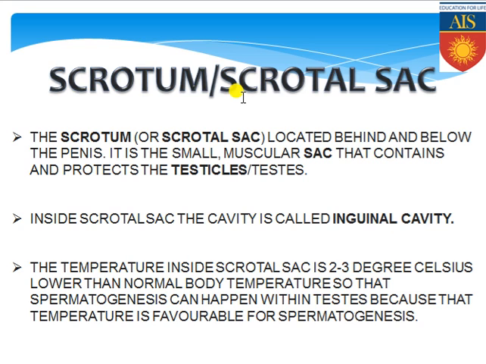Inside the scrotal sac there is a cavity, and the cavity is named the inguinal cavity. Keep it in your mind that within the inguinal cavity of the scrotal sac, the temperature is 2 to 3 degrees Celsius lower than the normal body temperature. Why? So that spermatogenesis can happen within the testis, because that temperature is favorable for spermatogenesis.